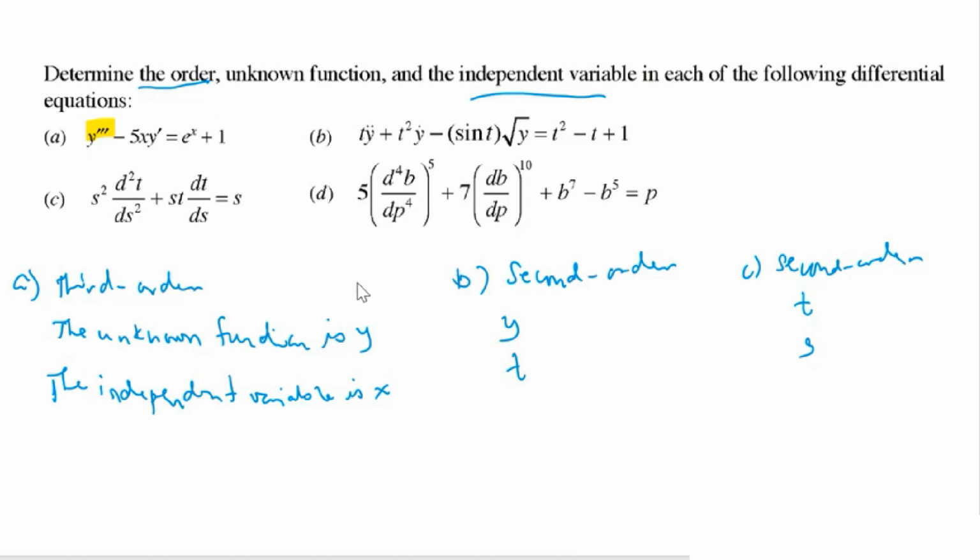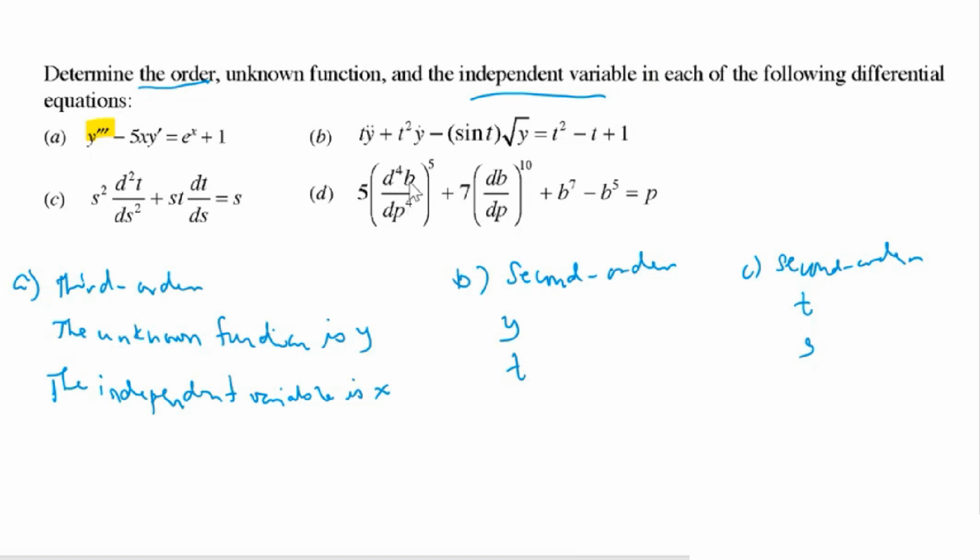Now for letter D, I will not write it anymore, but I will just say it. We have d raised to 4 of b over dp raised to 4, and compared to the second term, the order is the fourth order.